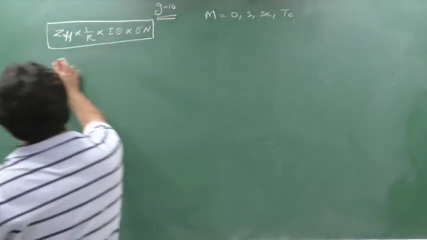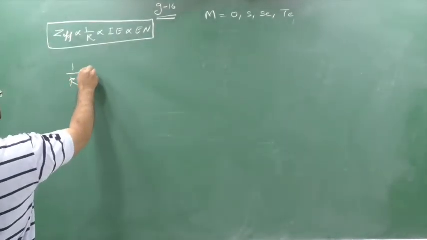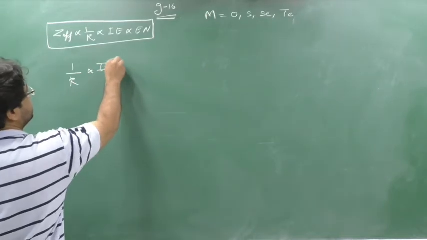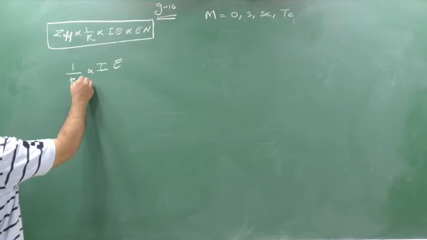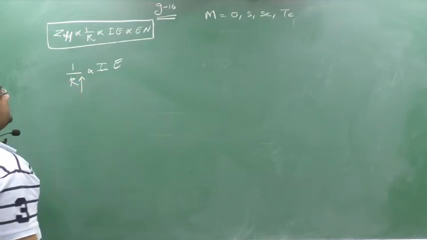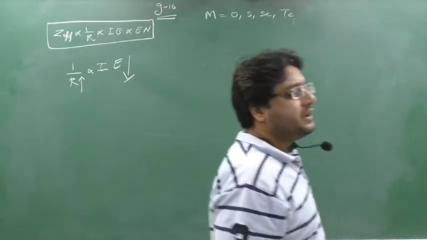Now if we compare the ionization enthalpy, see here, 1 by R is inversely proportional to IE. Yes or no? From this relation, as we are moving downside the group, at each and every time a new shell is being filled up, so the distance between the outermost orbit and nucleus increases, so size increases. So ionization enthalpy will decrease, because ionization enthalpy and radius are inversely proportional.